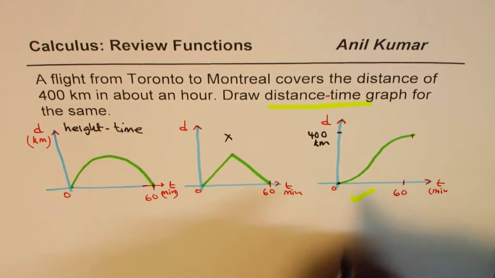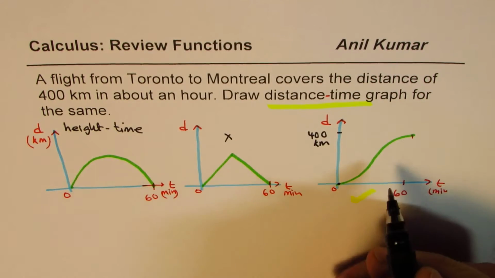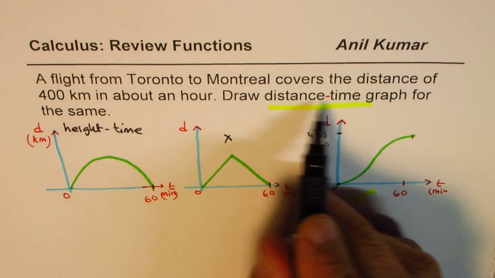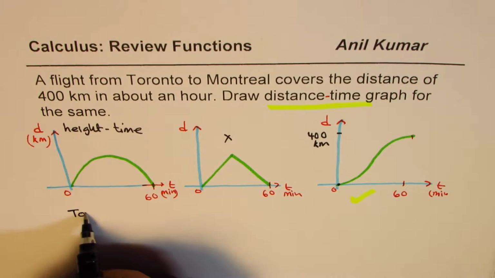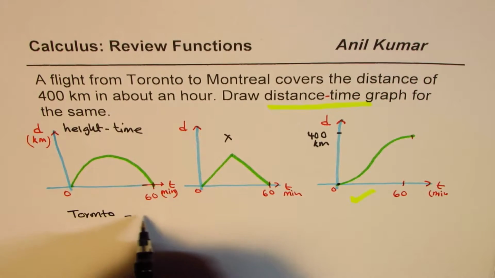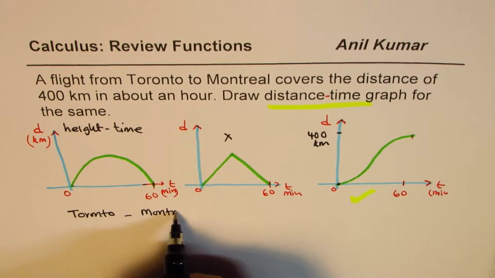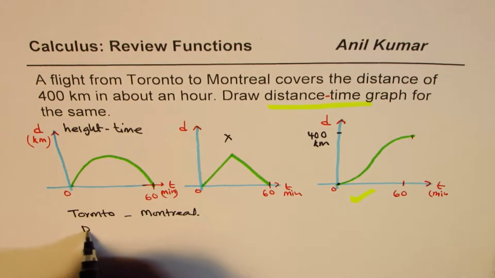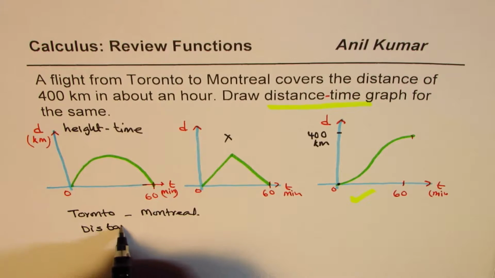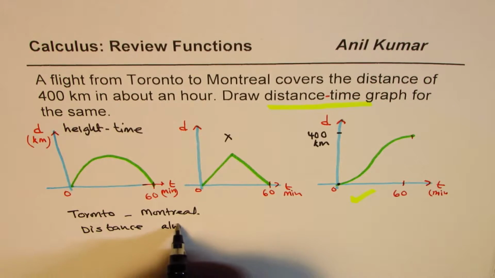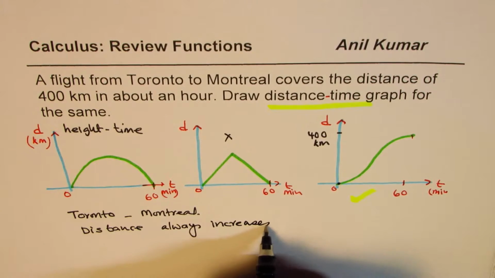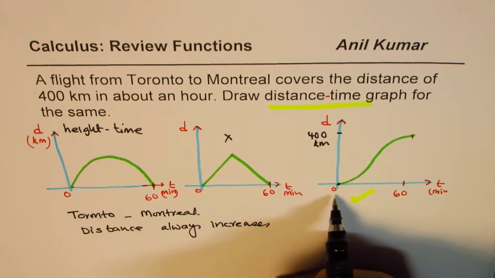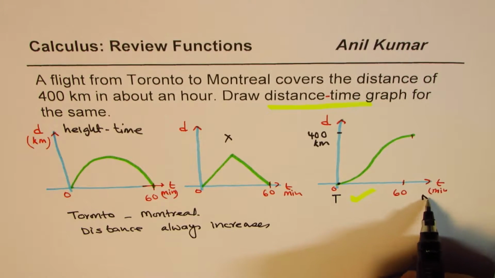Okay. The reason is very clear. Distance time, we see as the plane flies from Toronto to Montreal, distance always increases. It's going away from Toronto, reaching Montreal, correct?